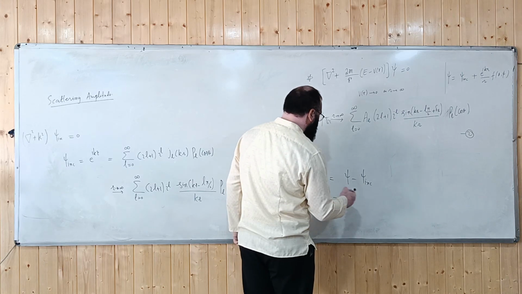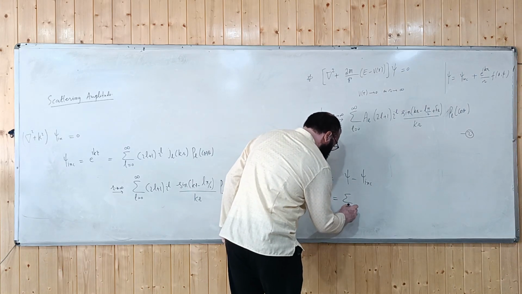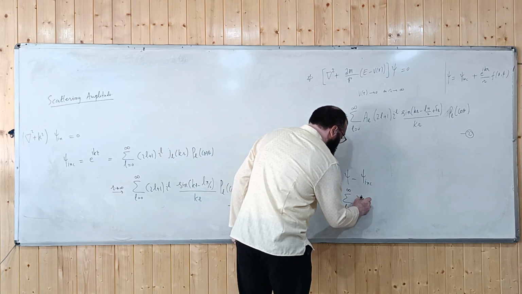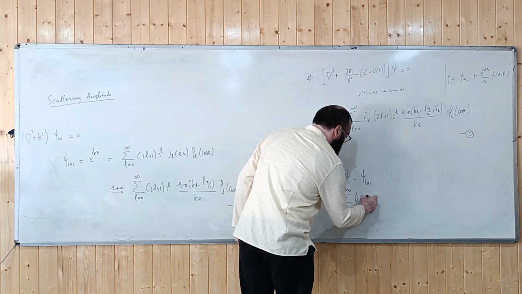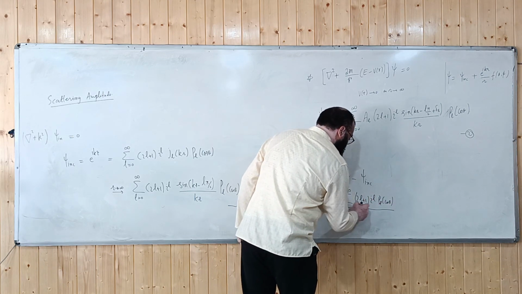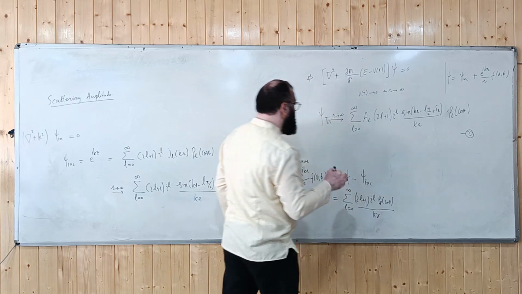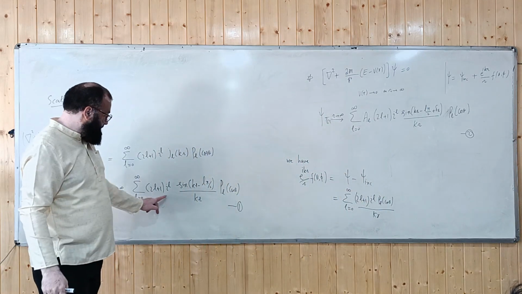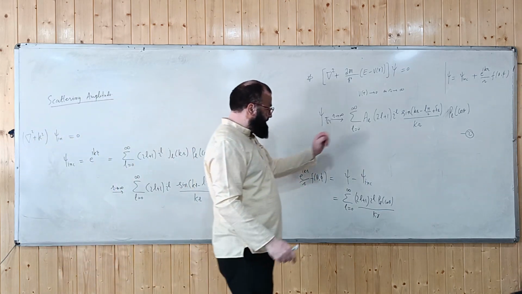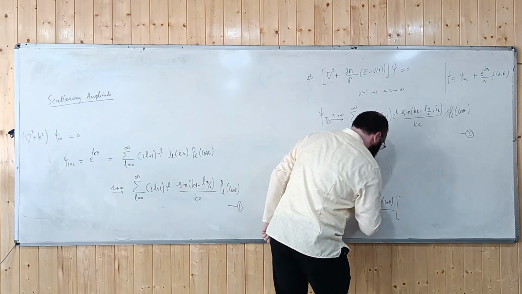It is the sum from l equal to 0 to infinity of (2l+1) i^l P_l(cos θ)/kr. It's common to both terms. So what is only different is the sine and this A_l.